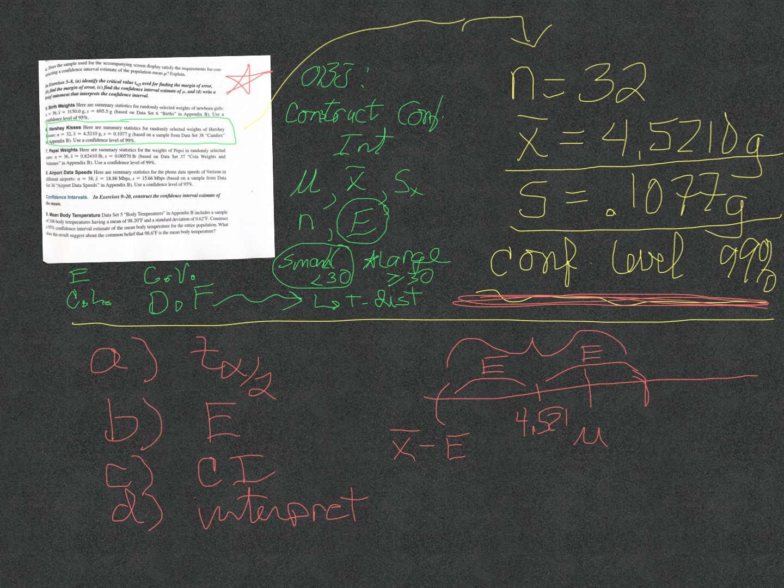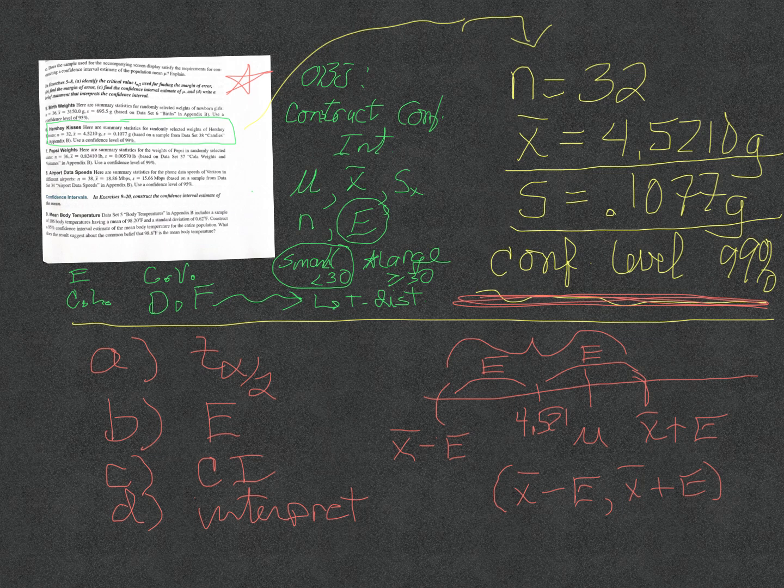We subtract that margin of error from the sample mean, and we add it to the sample mean, and that gives us an interval. If you remember intervals, it's basically another way to write an inequality. We could call this an inequality estimate if we wanted.